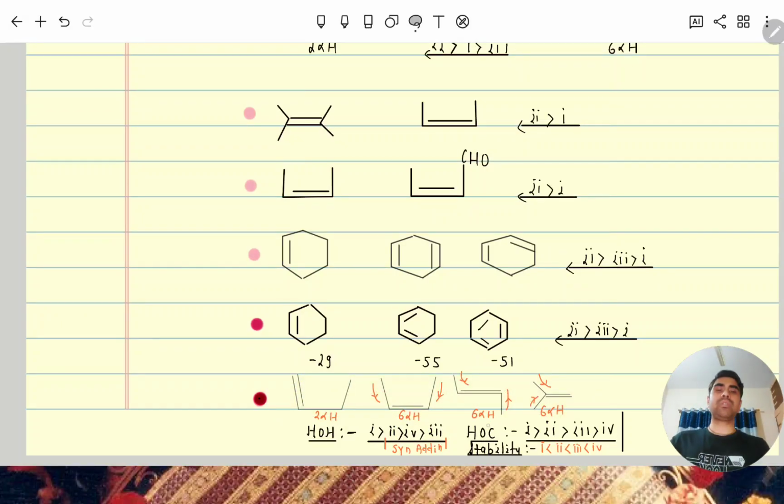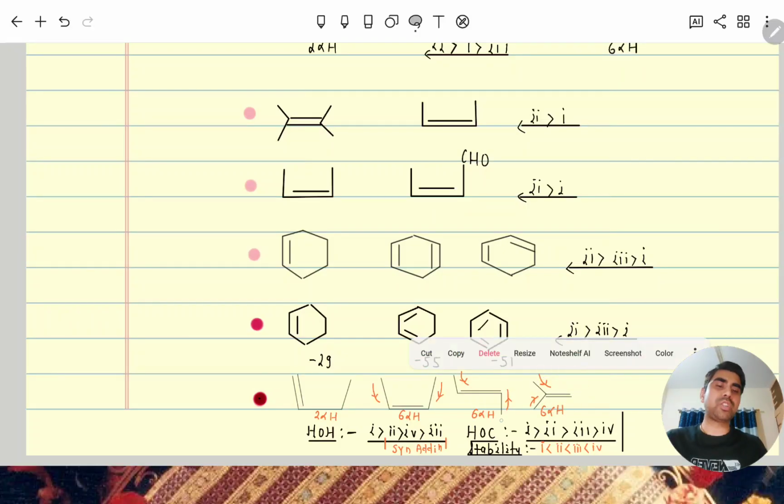Now coming to heat of combustion. In this one, destructive interference is happening, from high to low electron density. This one is also destructive, whereas this one is constructive. Due to that constructive interference, this compound is more stable.